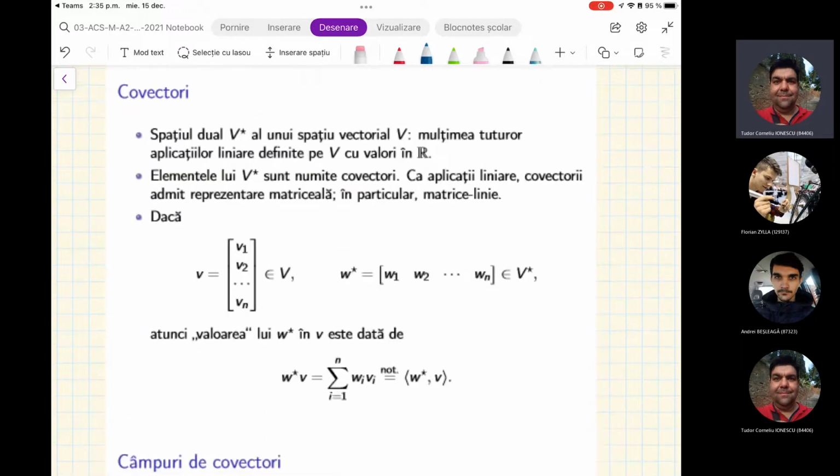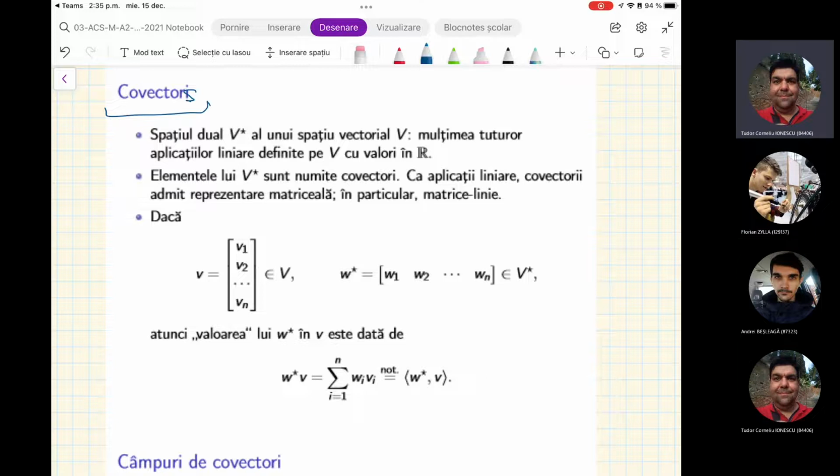We also have the definition of covectors, because we consider the dual space now. The dual space V star of some space V is the set of all linear applications defined on V, taking values back in R. These elements are called covectors.